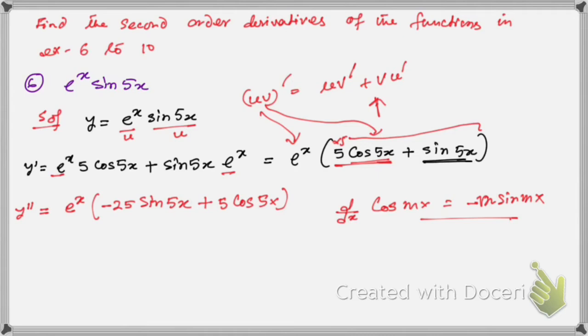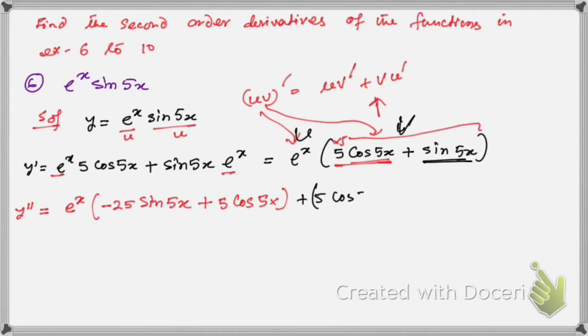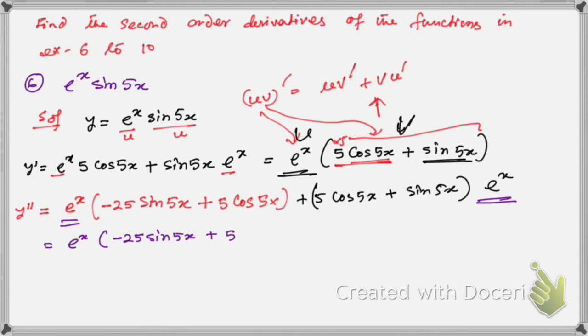So now the second term v is 5 cos 5x plus sine 5x, and derivative of the first term e to the power x is e to the power x. Now take e to the power x as common, then you will get this result within the bracket.